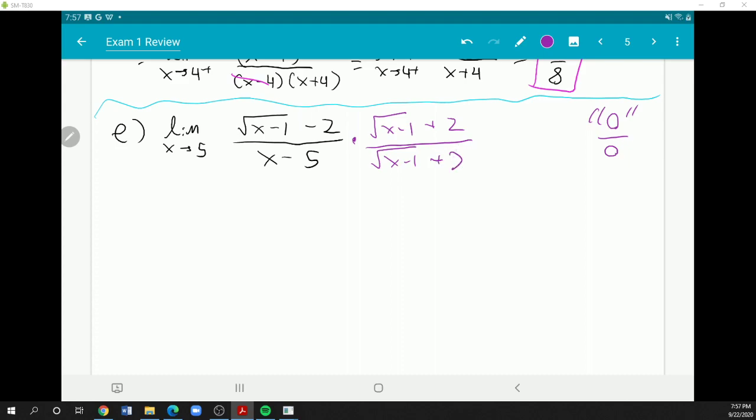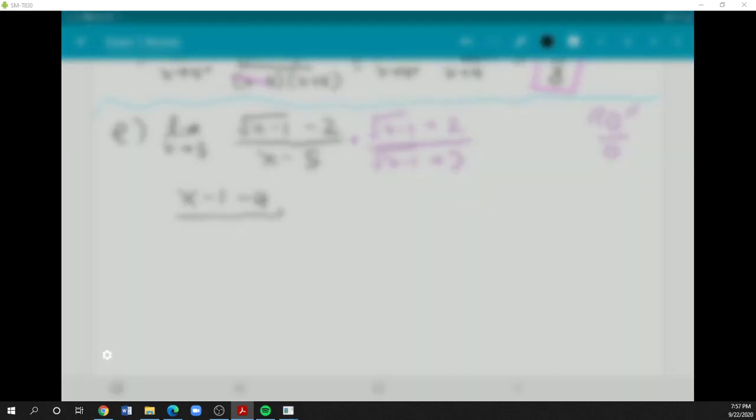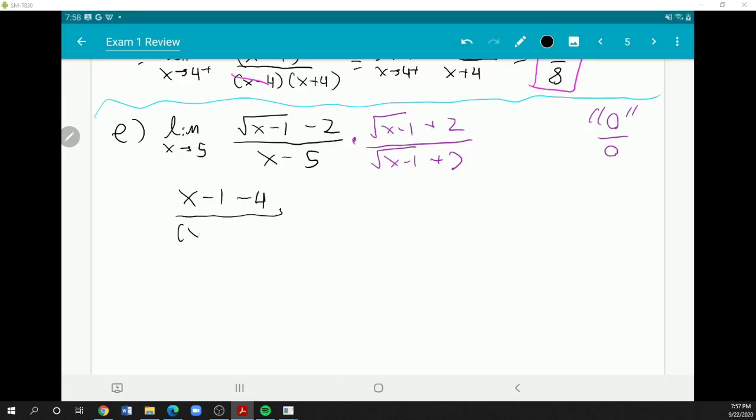And the whole reason we multiply by the conjugate is because you get the square root of the thing on the left, so I have x minus 1 minus the square of the thing on the right. So minus 4, all divided by x minus 5 times square root x minus 1 plus 2.